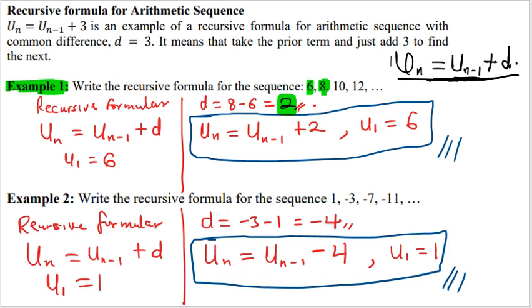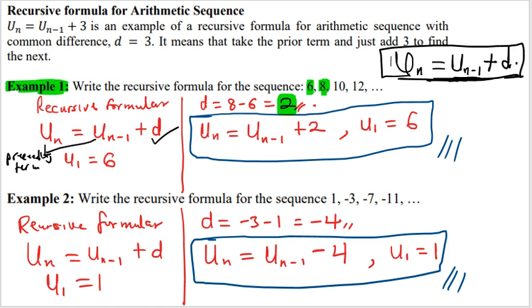So this is the general recursive form for an arithmetic progression: un is un minus 1 plus d, where un minus 1 is the preceding term. Preceding term means that if I am looking for the 7th term, I must know the 6th term, or if I am looking for the 2nd term, I must know the 1st term.